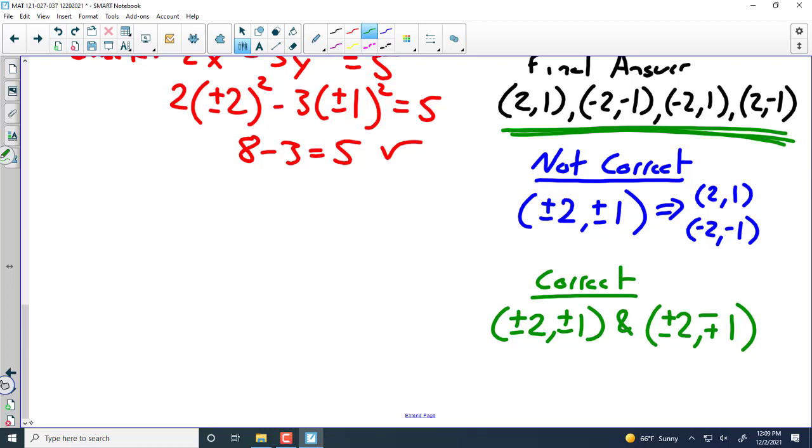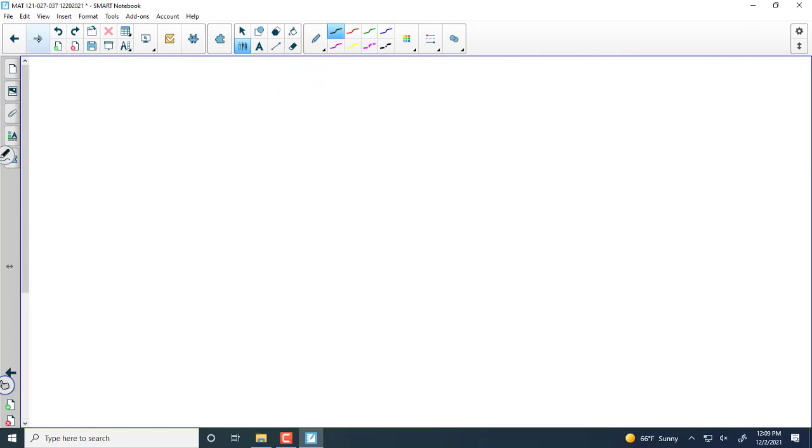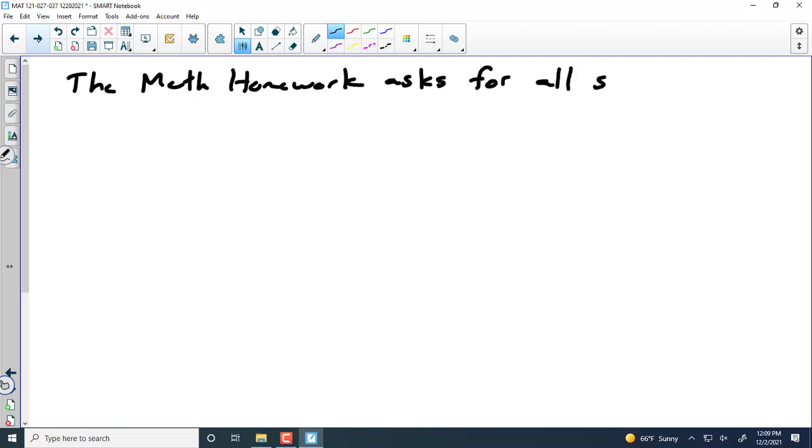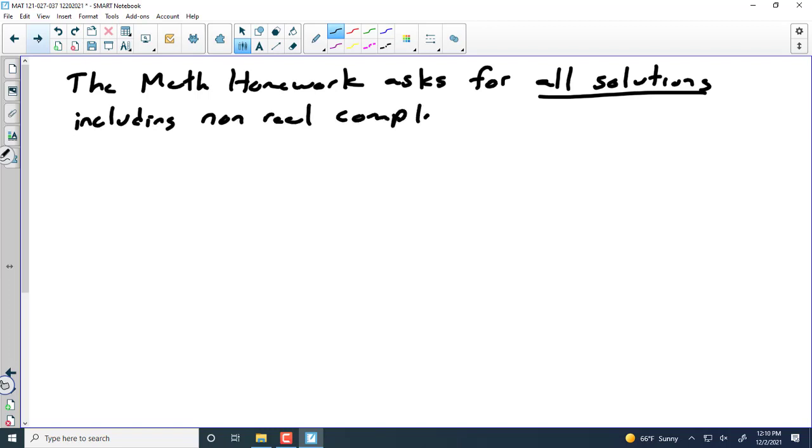What else do we need to know? The math homework asks for all solutions, including non-real complex solutions, which is just a fancy way of saying imaginary numbers.